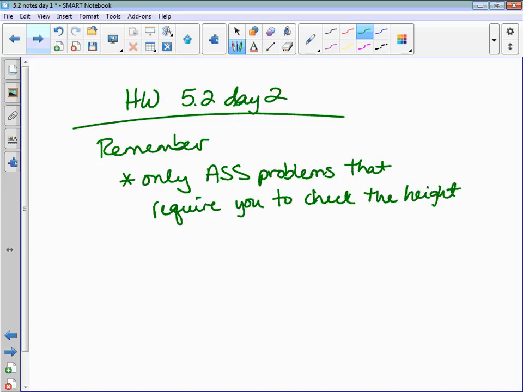So if you look in your packet, look at question 1. You have 45 degrees, you have 95 degrees, and you have the side of 5. Is that an ASS problem? No. So should you be doing all this extra work? No. Just do law of sines and solve.